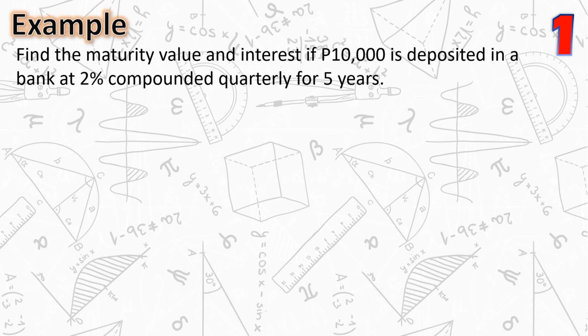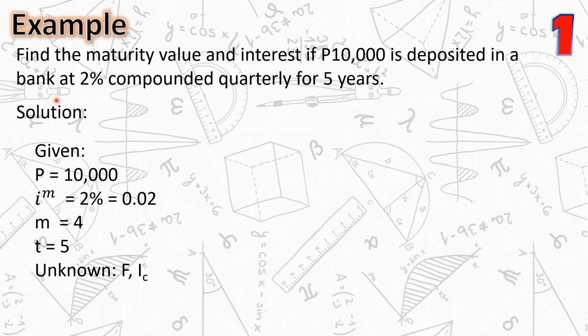Let us have an example. Find the maturity value and interest if 10,000 pesos is deposited in a bank at 2% compounded quarterly for 5 years. For our solution, let us get all the given information and what is asked in the problem. Given principal is 10,000 pesos.